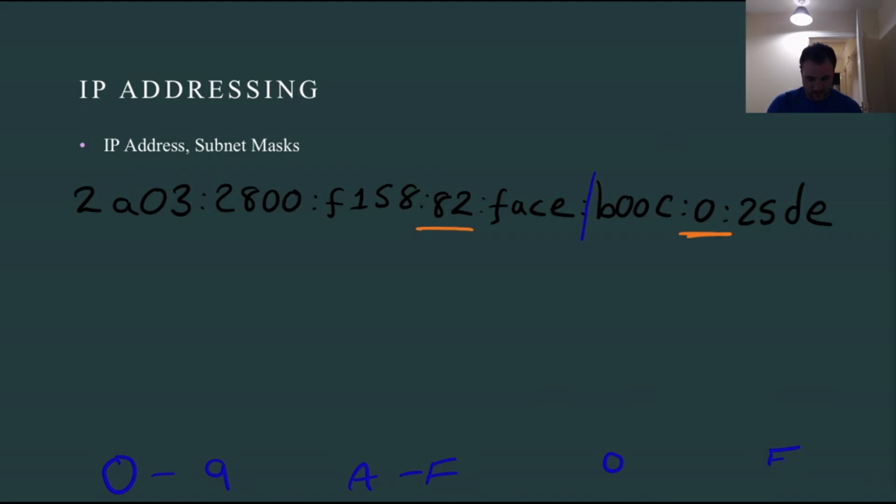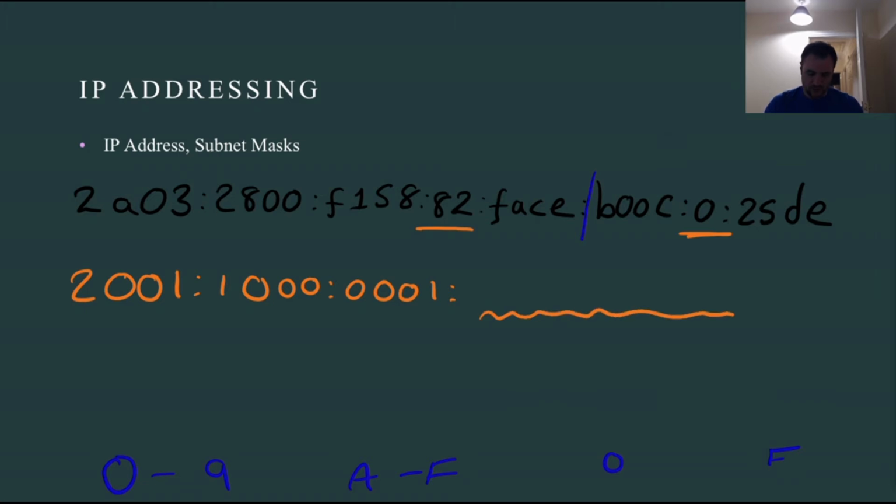I'll give you an example. If I have 2001 colon 1000 colon 0001 colon and anything else after, we can shorten this down to an abbreviated IPv6 address.